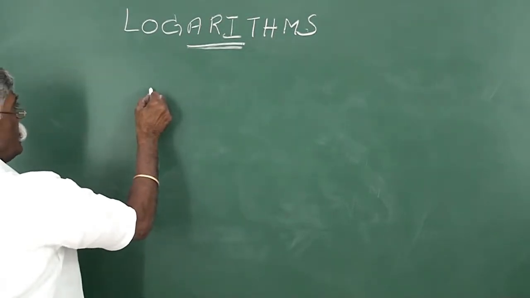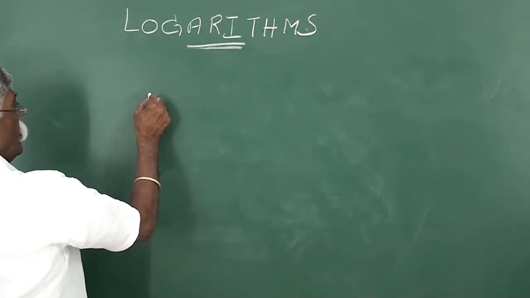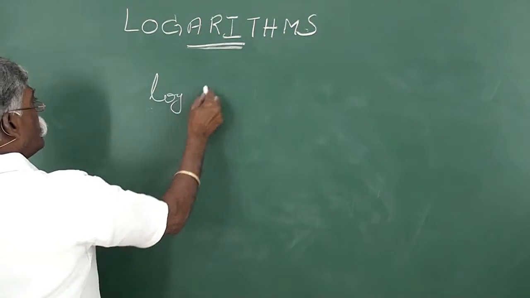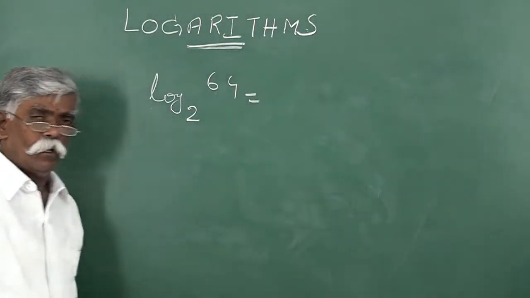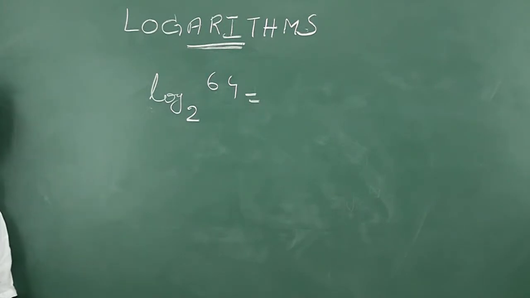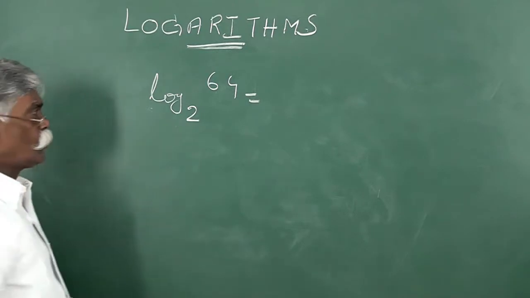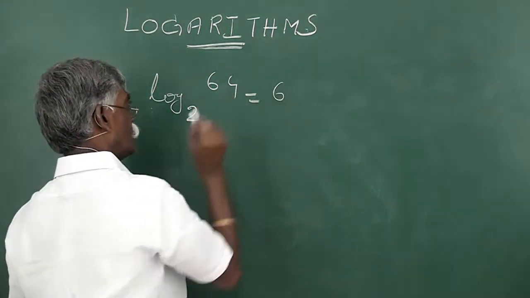Now let us observe logarithm of 64 to the base 2. That means to get 64, to which power must 2 be raised? 2 must be raised to the power 6.